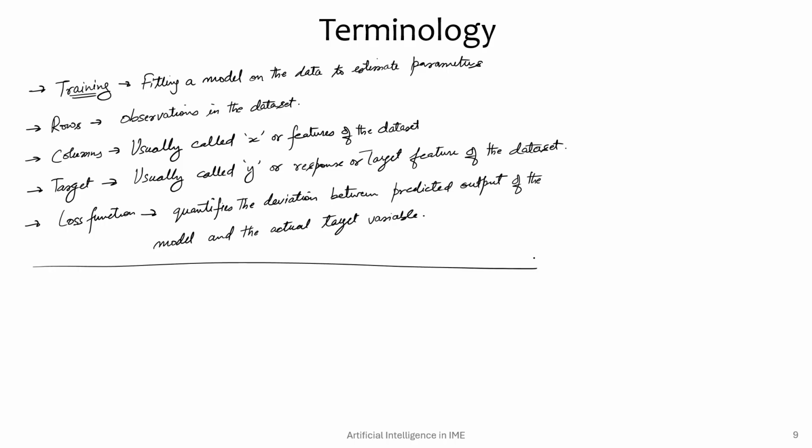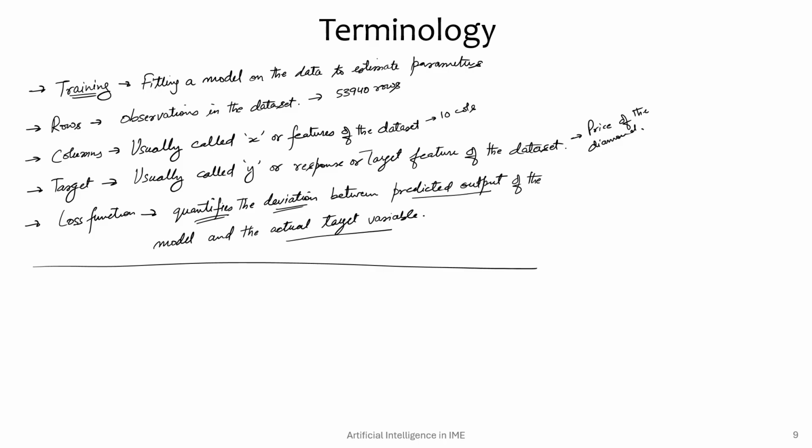So if we think about our diamonds data set, rows are 53,940 rows. We have 10 columns, okay, and the target is the price of the diamond that we need to predict, right? And a loss function will try to quantify the deviations between predicted output and the actual target variable.